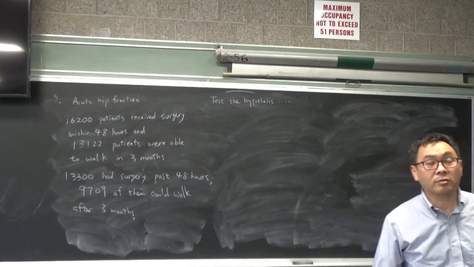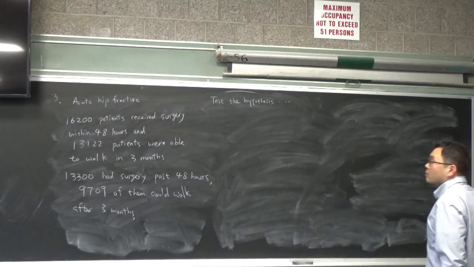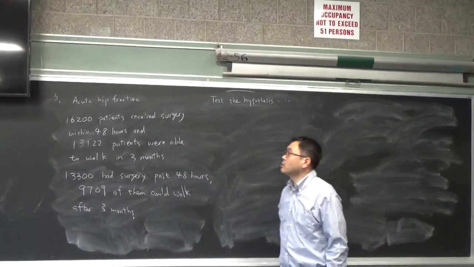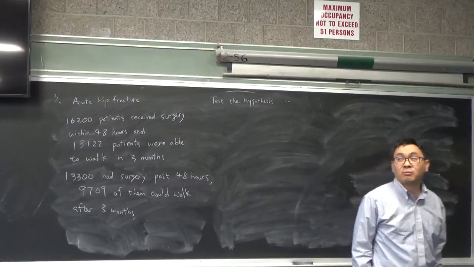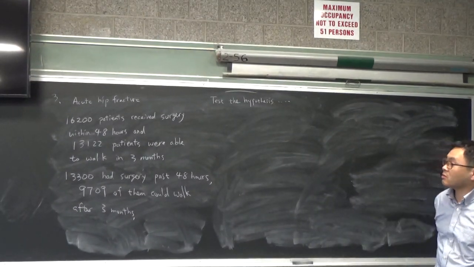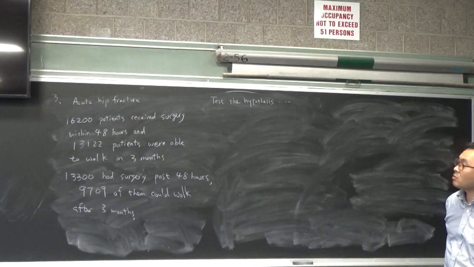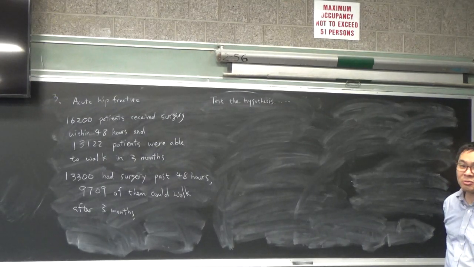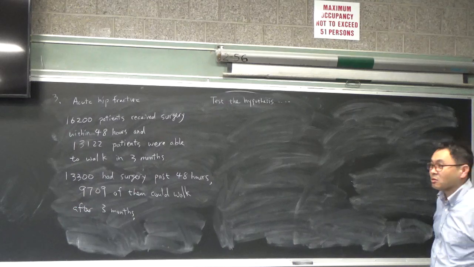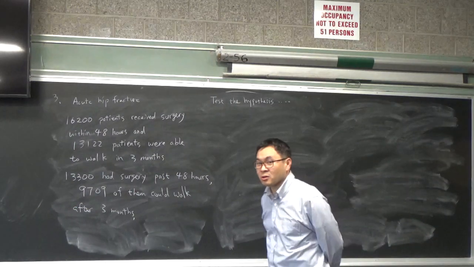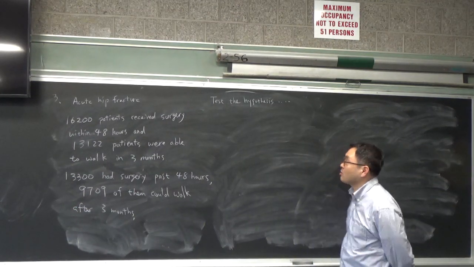Okay, so let's think about this question. I guess acute hip fracture means that you had an accident. You fell down the stairs, or you fell walking somewhere, and you have a hip fracture.